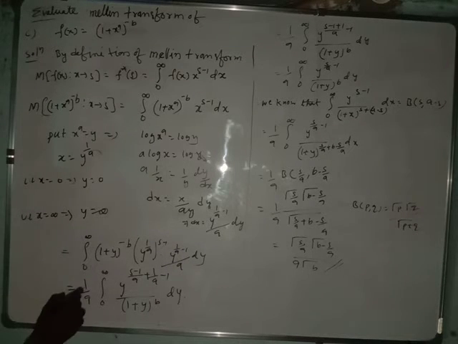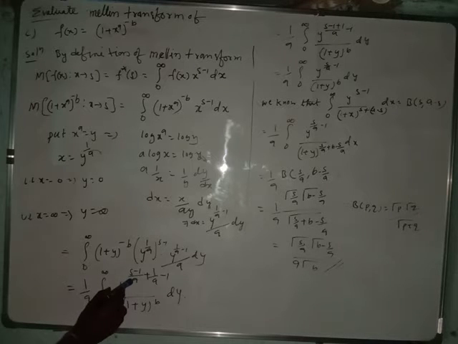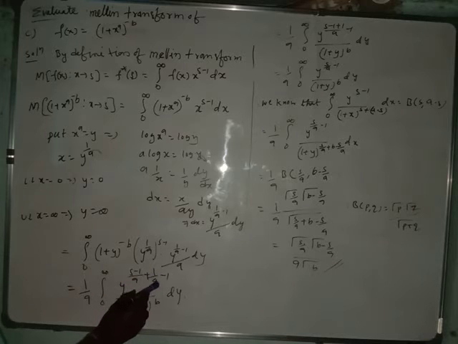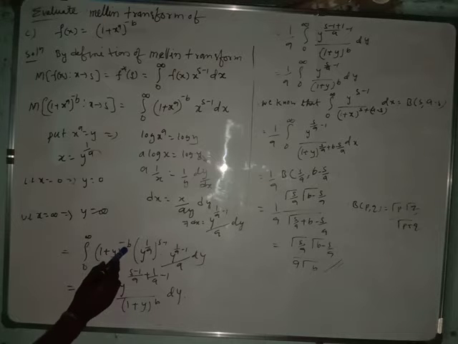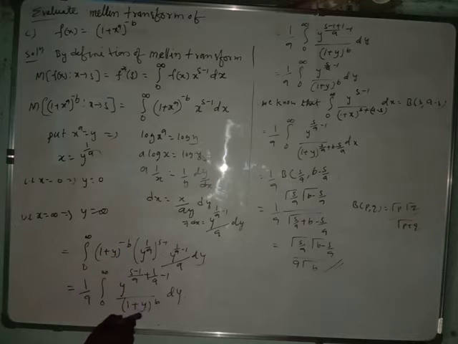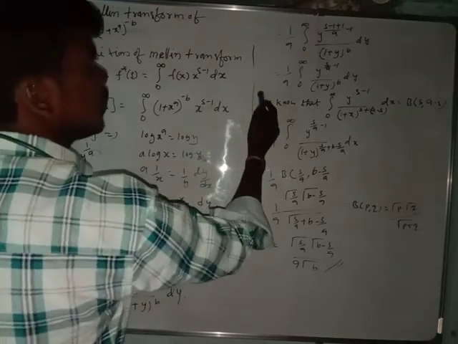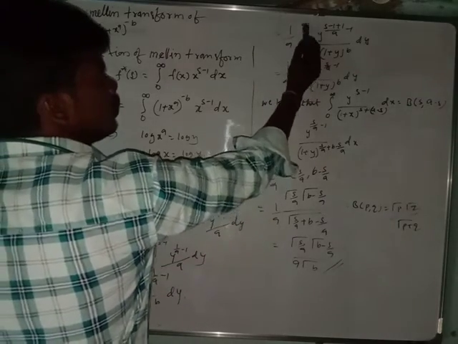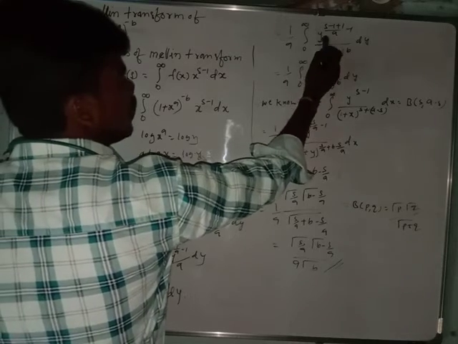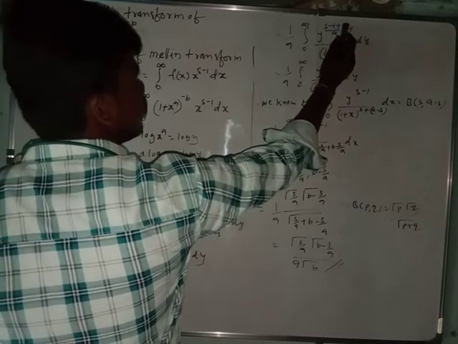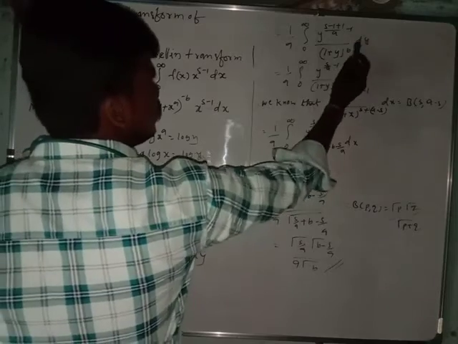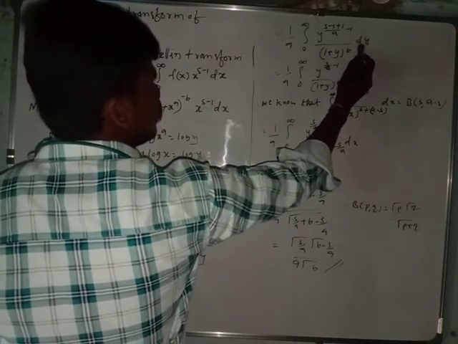Okay, now 1 by a is taken outside: the integral from 0 to infinity of y^(s minus 1 by a plus 1 by a minus 1) by (1 plus y)^b into dy.